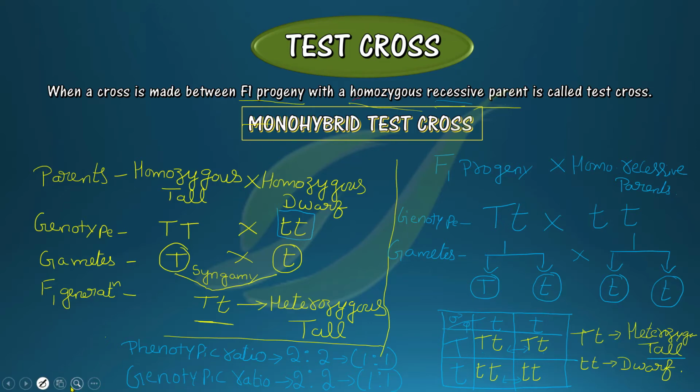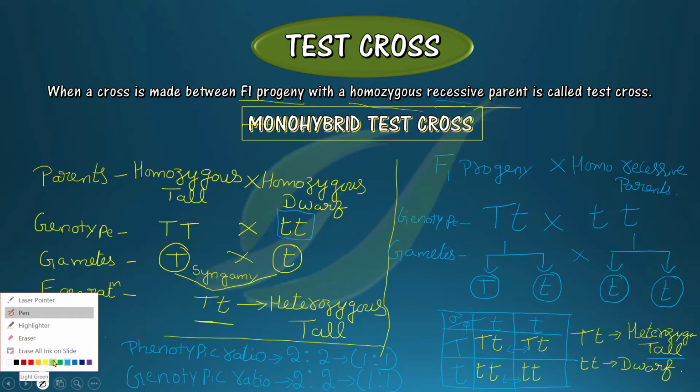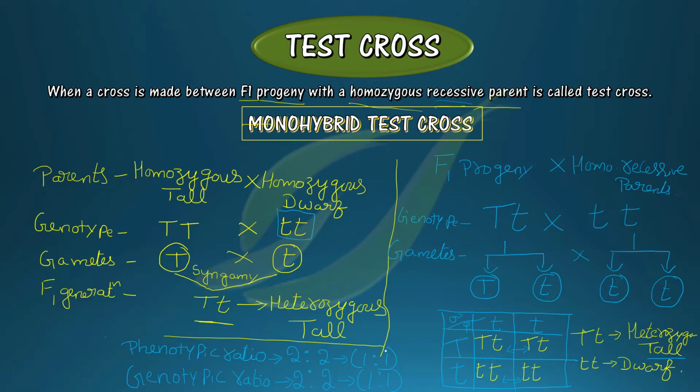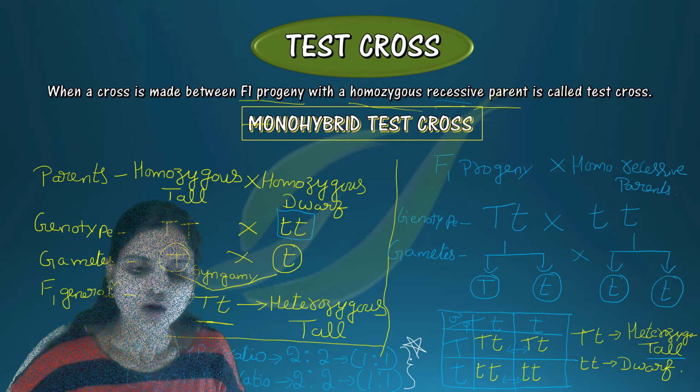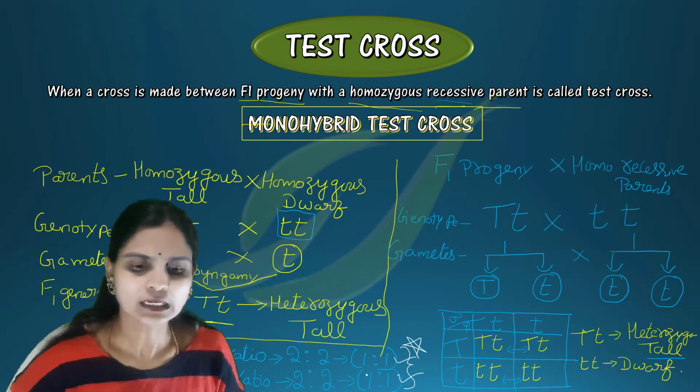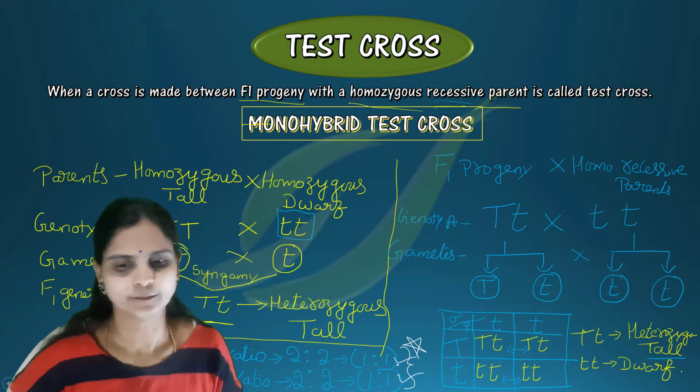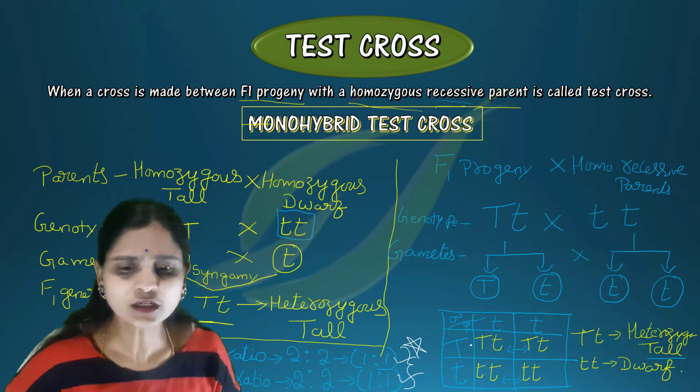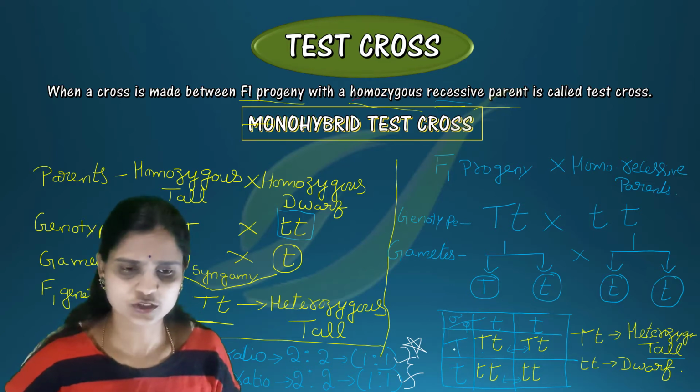So please remember that the genotypic ratio for monohybrid test cross is 1:1. Both genotypic and phenotypic ratios are 1:1. So this is what a monohybrid test cross is.